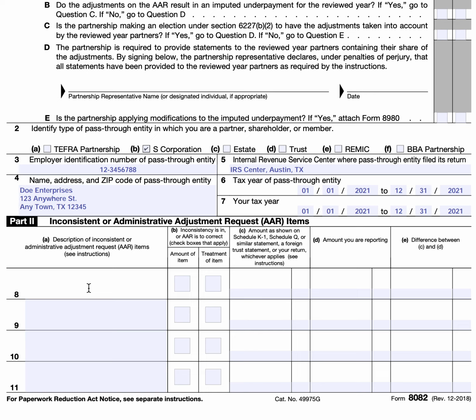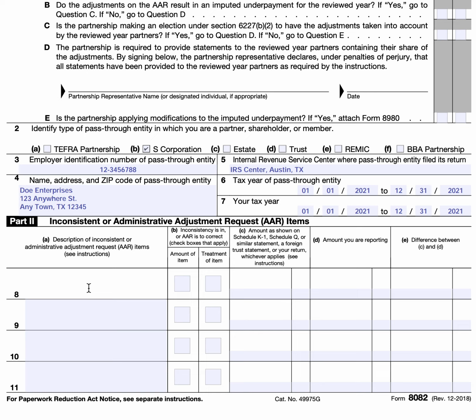Then there's a TEFRA partner filing an AAR, a partner filing a notice of inconsistent treatment for a K-1 received from a TEFRA partnership, BBA partnerships filing an AAR, a partner filing a notice of inconsistent treatment received from a BBA partnership, again, Bipartisan Budget Act, and a pass-through partner filing a notice of inconsistent treatment for a Form 8986 received from a BBA partnership filing an AAR.